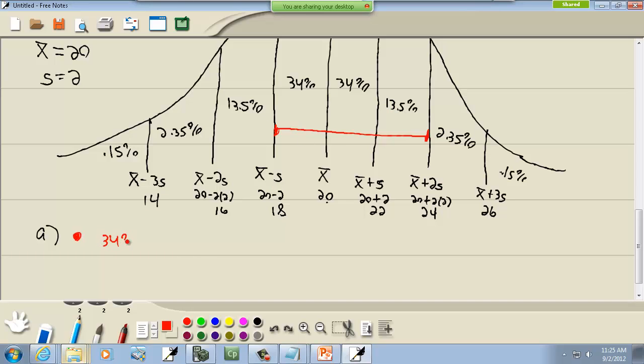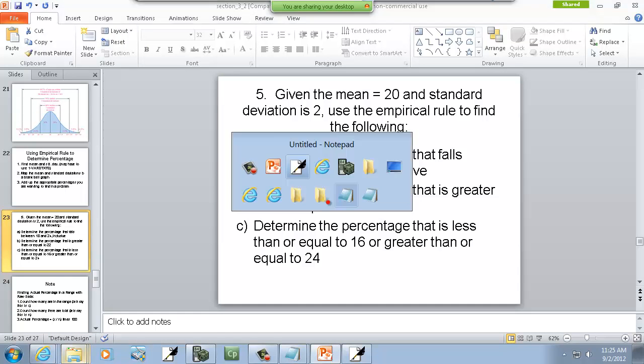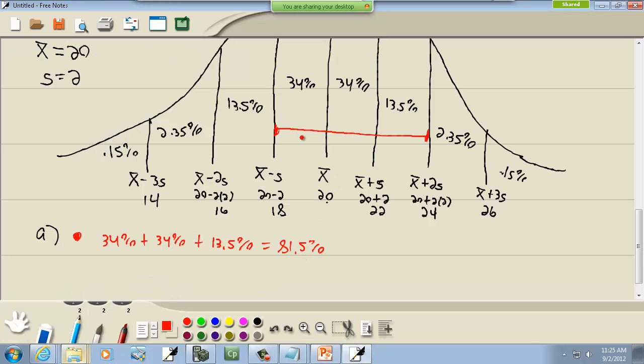So I got 34% plus 34% plus 13.5%. And so I don't make a math error, let me plug this in. 34 plus 34 plus 13.5 gives me 81.5%. So 81.5% falls between those.